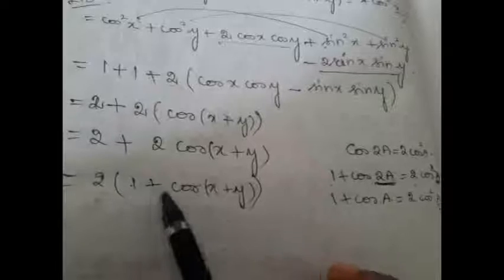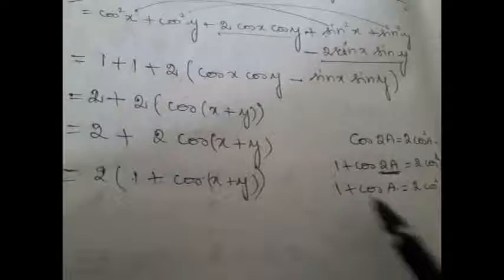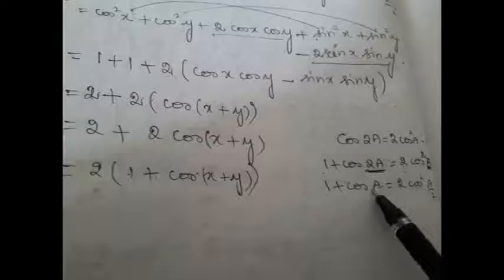This is like 1 plus cos x. Right? 1 plus cos theta. When we have 1 plus cos theta, this single angle should become a half angle, because when it is double angle, it is single angle. When it becomes single angle, this should be half angle.